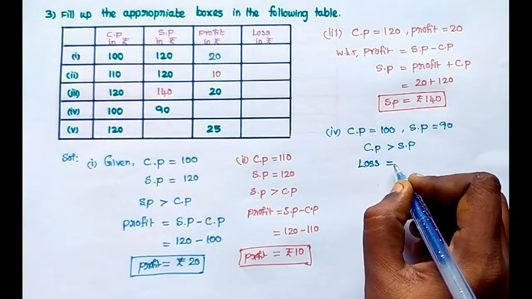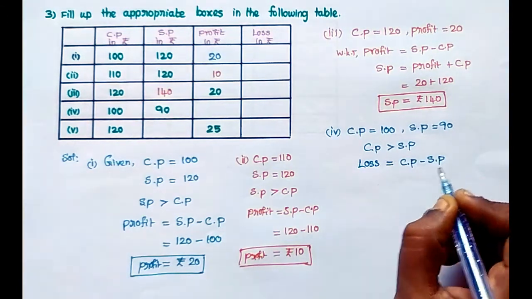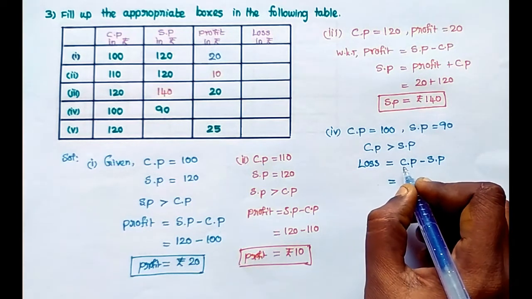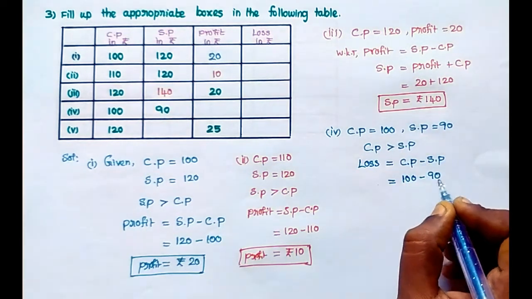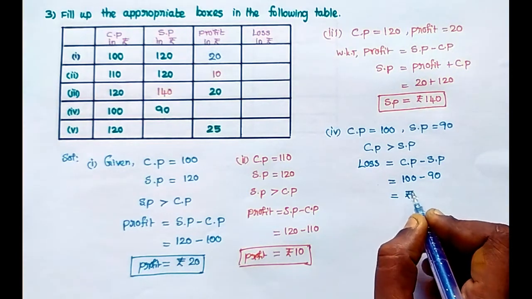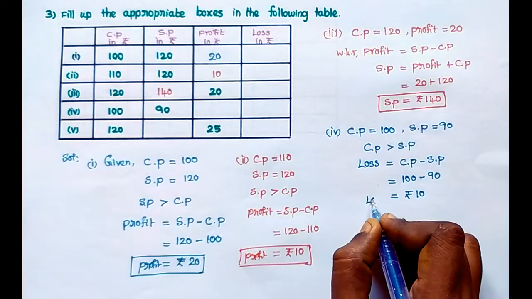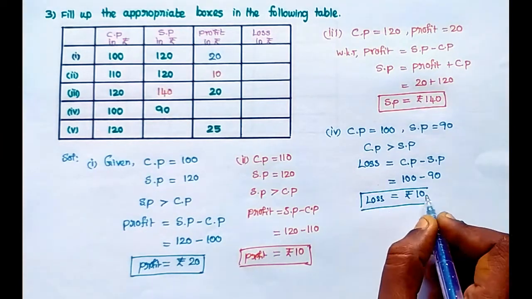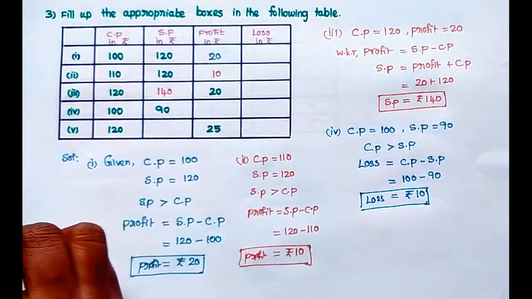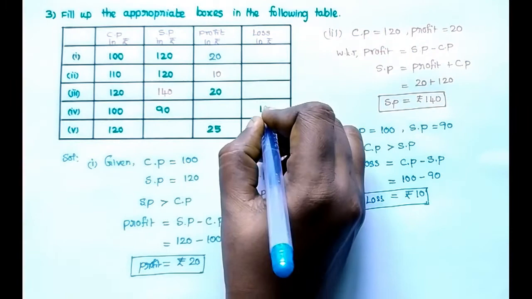Loss equals cost price minus selling price. That is the formula. So cost price 100 minus selling price 90, so we get rupees 10, that is loss. So here loss how much? 10 rupees.